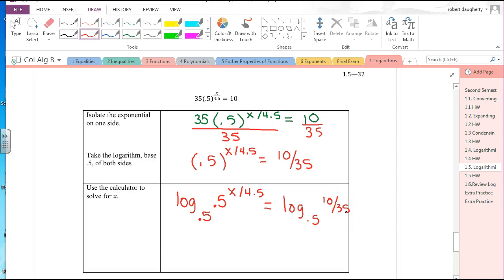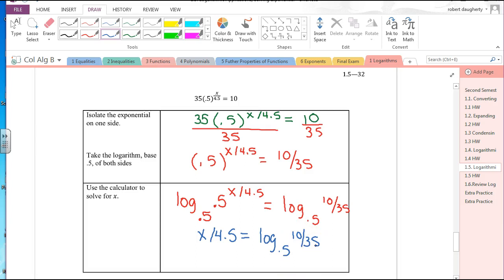Now that looks really complicated, but look at the left side. What is the log base 0.5 of 0.5 to the x over 4.5? Right, you're getting this. This is just x over 4.5 equal the log base 0.5 of 10 over 35. How can I get that x by itself?